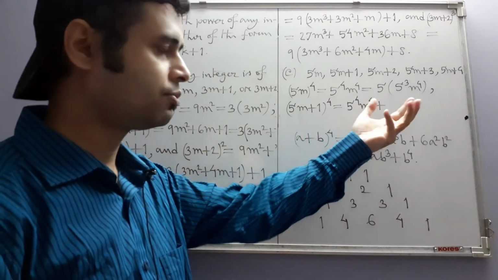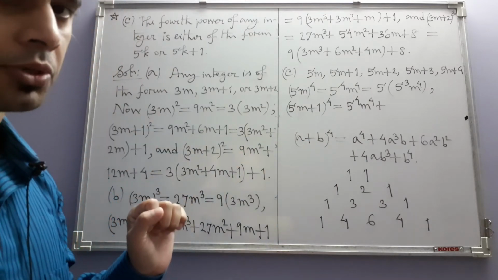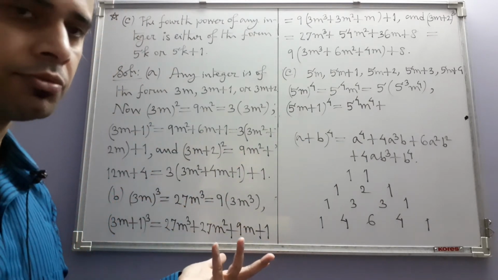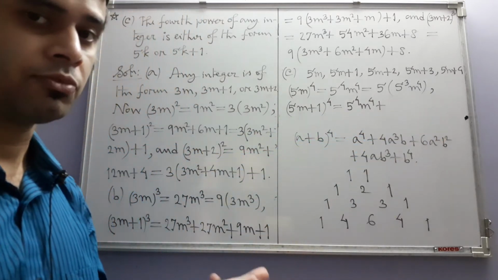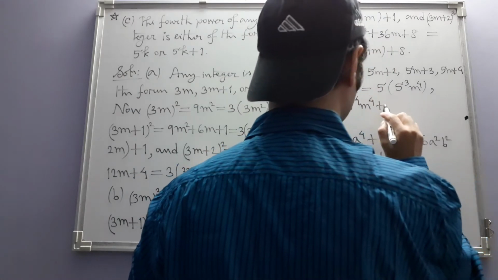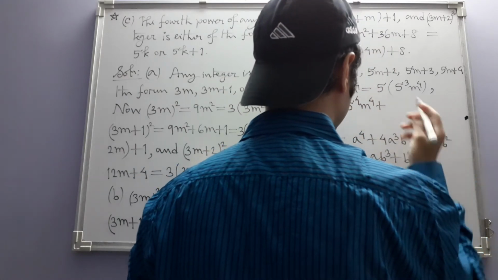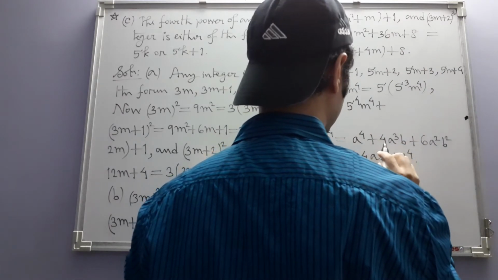Powers of 5 appear there with positive integer exponent. So they are all divisible by 5. So ultimately this number is going to be of the form 5k plus 1. Anyway, but we have to in fact calculate the whole expansion.